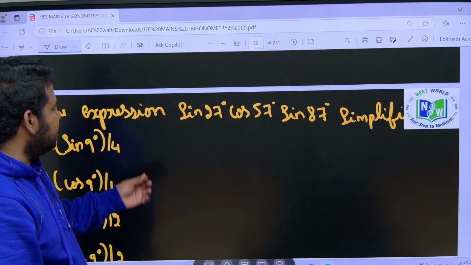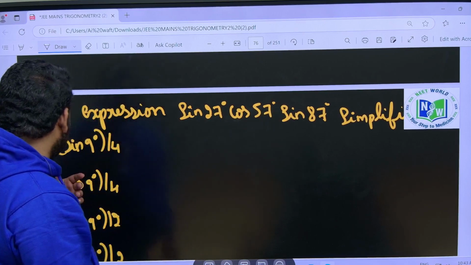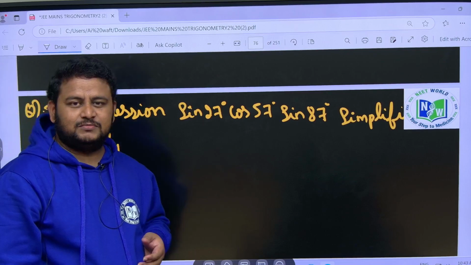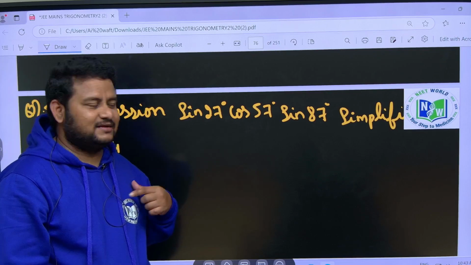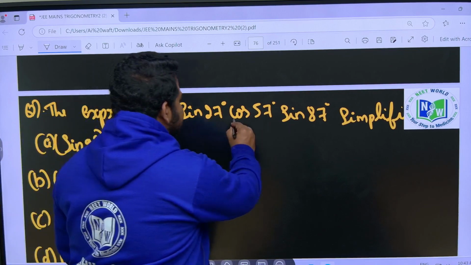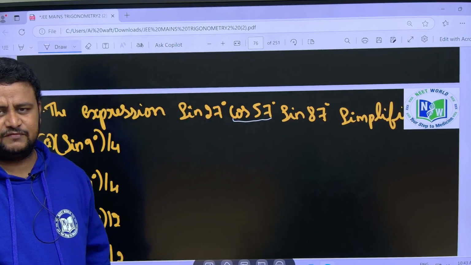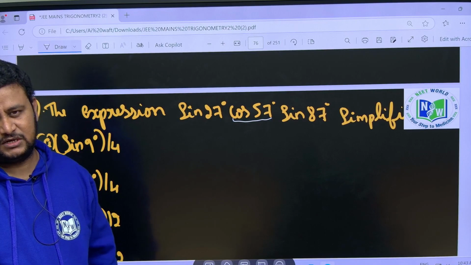The expression sin 27 degree cos 57 degree sin 87 degree simplifies to, okay. But one thing you must understand here, directly you cannot apply. Why? They have given sin 27, sin 87, fine, but here it is cos. We know that cos can be expressed in terms of its complement, and the complement of cos is sin.